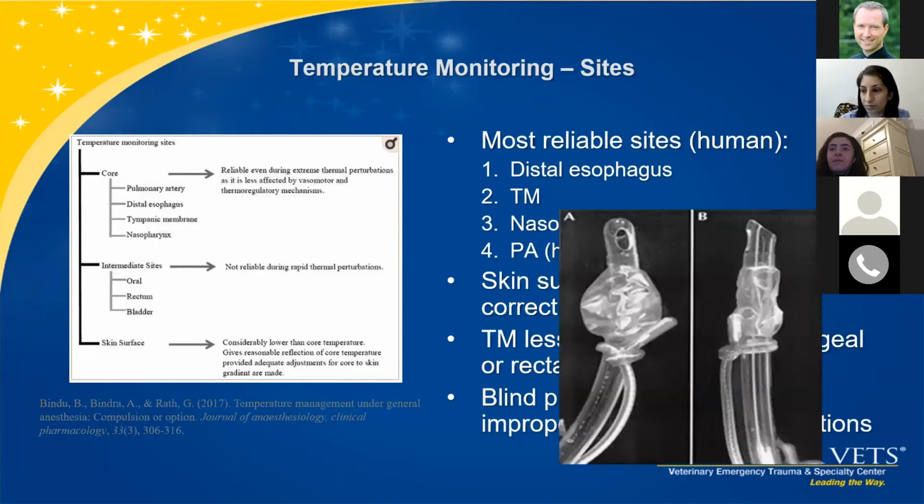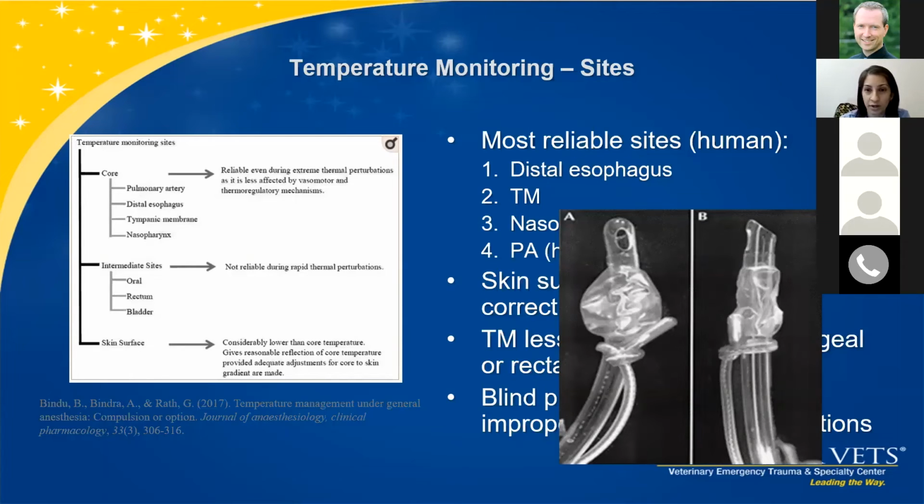One of which could be that often that temperature probe ends up going down the trachea instead of the esophagus. And so we do have documented occurrences where that temperature probe can actually wrap around the tube and get stuck through the Murphy eye. You would think it would not go down that way because there's another tube down there, but unfortunately it does. There have been several instances where a temperature probe will actually go down the trachea.